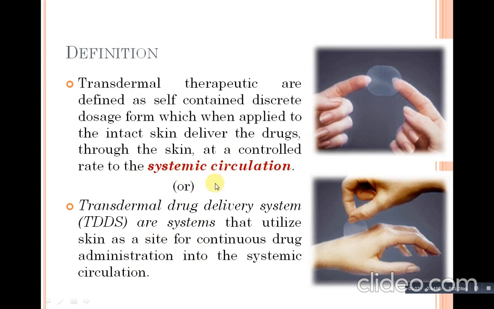Generally, we know that the topical route of administration is used most of the time for local action, but by this transdermal drug delivery system or transdermal patches, we are targeting to get the systemic effect or systemic absorption of the drug.